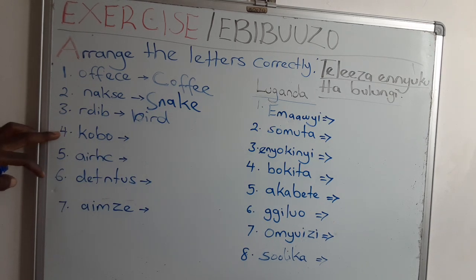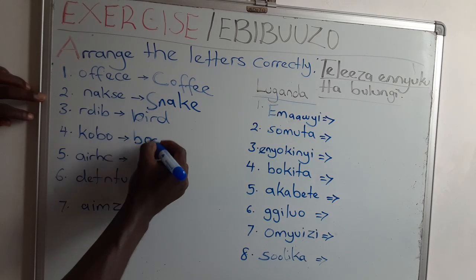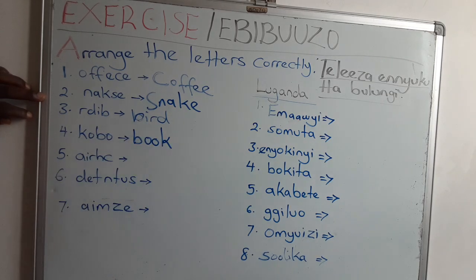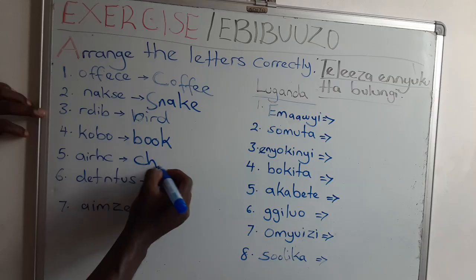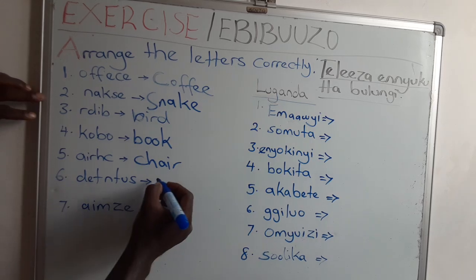Number 4, good. The answer was book. Book. Number 5, chair. Excellent. Chair. So number 5, our answer was chair. Number 6, it's a bit tricky, but once you organize it correctly, the answer is student.